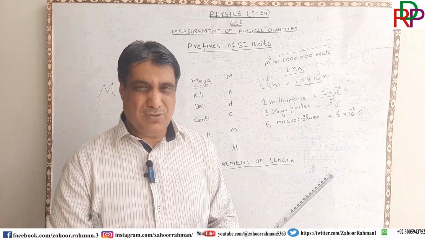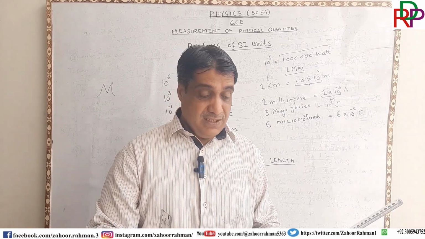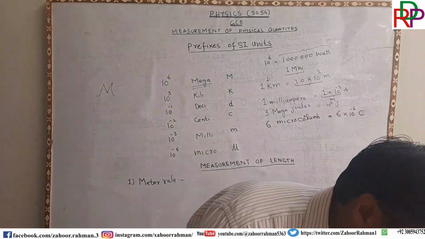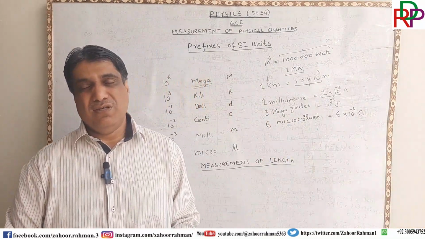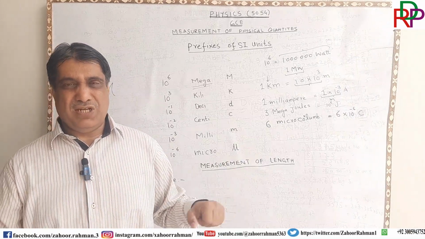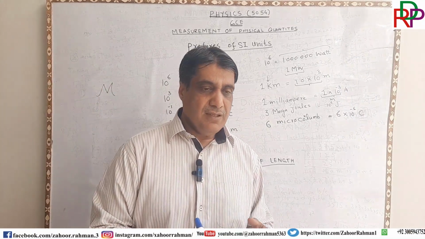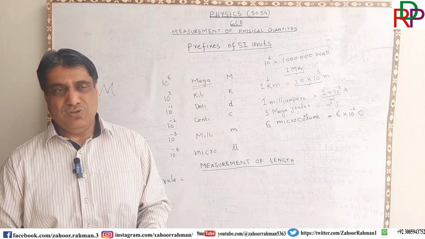One is half meter rule, one is meter rule. If there are 100 centimeter, then we are saying that it is meter rule. But if there are 50 centimeter graduation on the scale, we are calling it half meter rule.